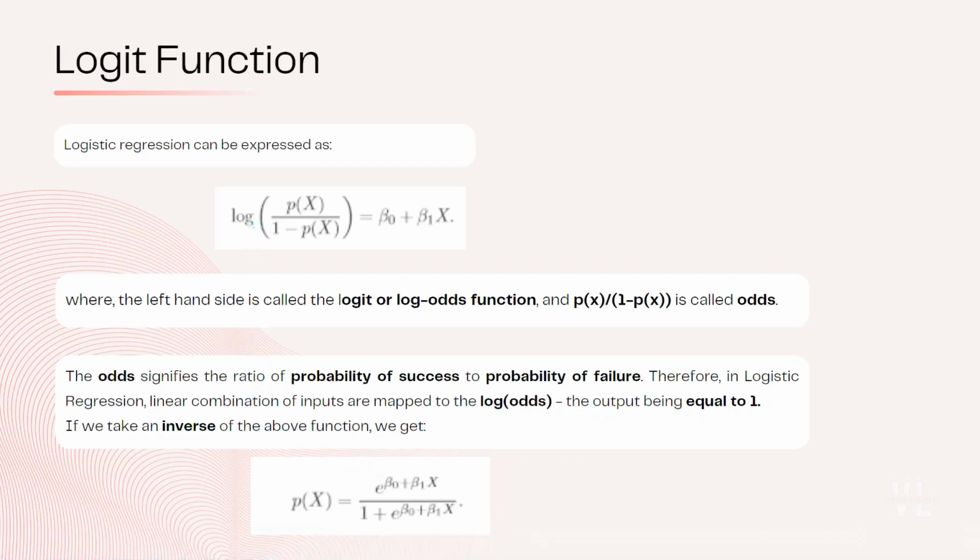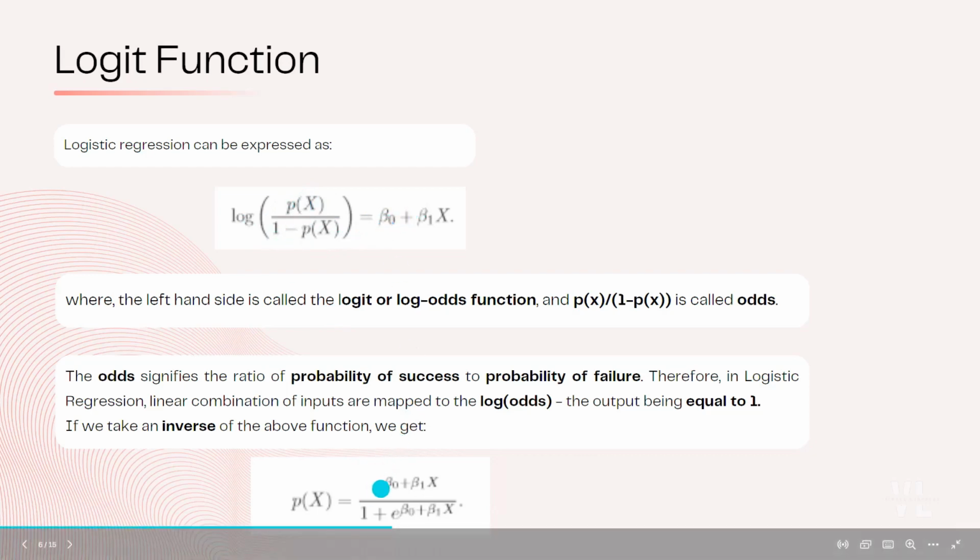We have p of x equals e to the power of beta naught plus beta 1x divided by 1 plus e to the power of beta naught plus beta 1x, and this is the equation that we need for predicting the output from our input x.